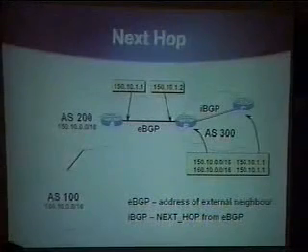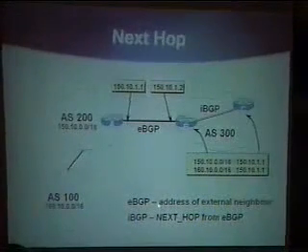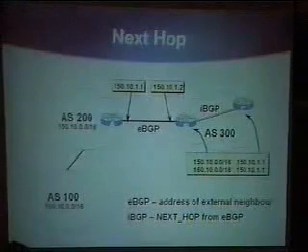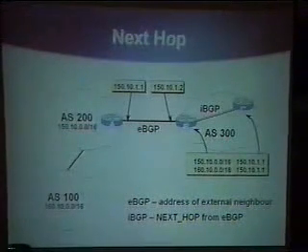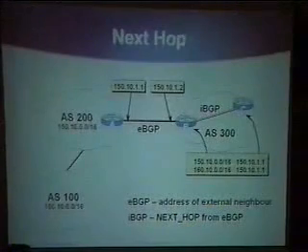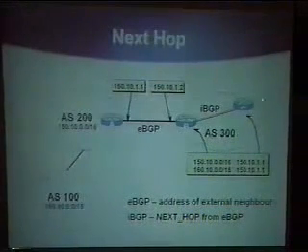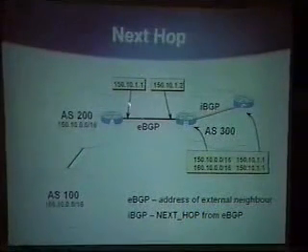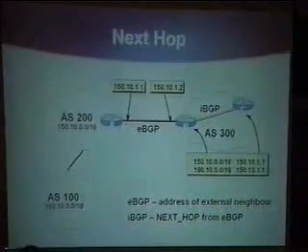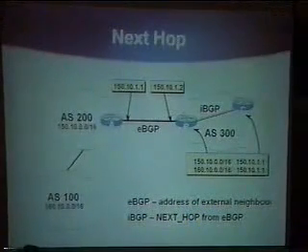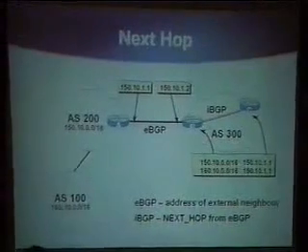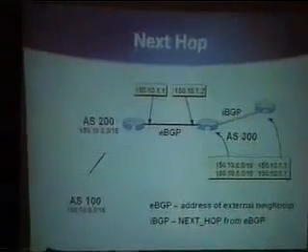So that is the next hop. For eBGP, the next hop address is actually the address of the external neighbor. For iBGP, well, the next hop is what's heard from eBGP. So if you look on router C, the next hop is still this address here. The next hop is not changed as it's passed within a network by iBGP.